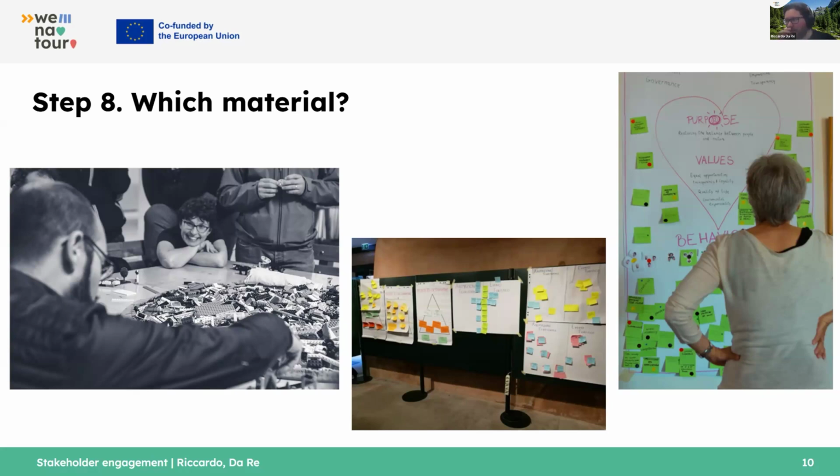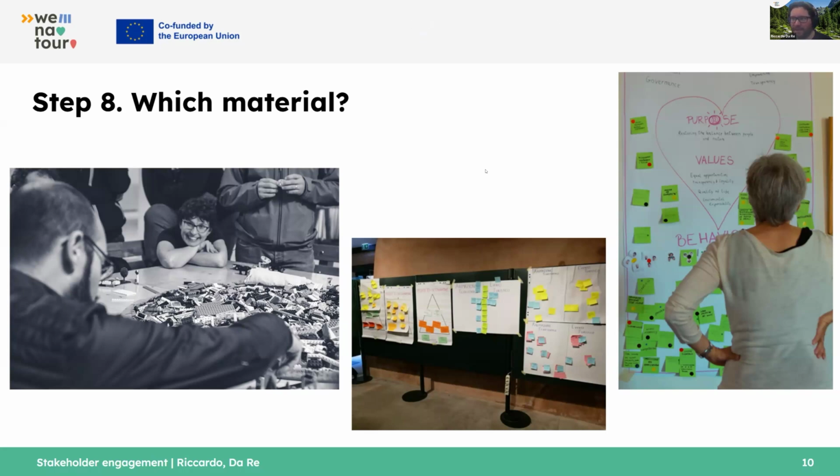Here you see a photo. The central photo was a process that we did in Chioggia, destination management of Chioggia, close to Venice. On the left was another process, and so on. Each material can be used in different ways and helps the interactions a lot. That's why for me it's fundamental to talk about material.